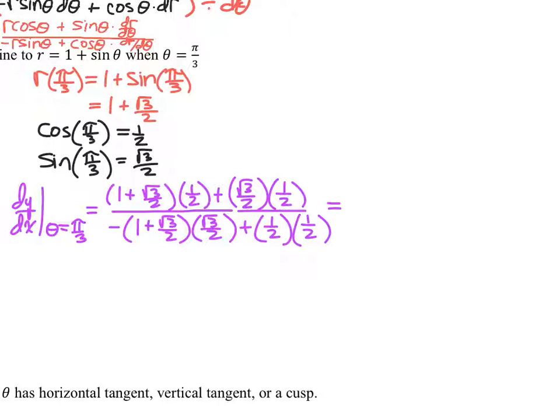So a little distributive property, oh, a little gap here. 1/2 plus root 3 over 4 plus another root 3 over 4 over negative root 3 over 2 minus 3 over 4 plus 1/4.